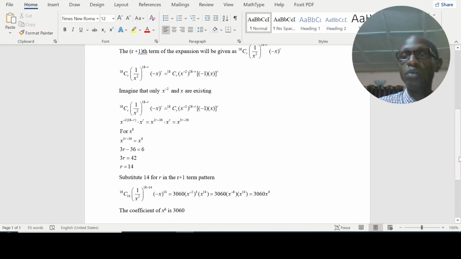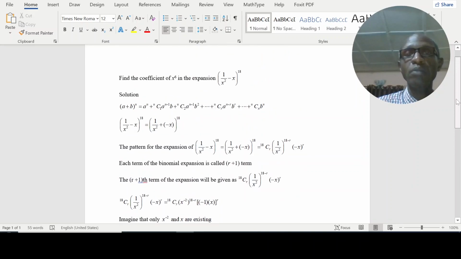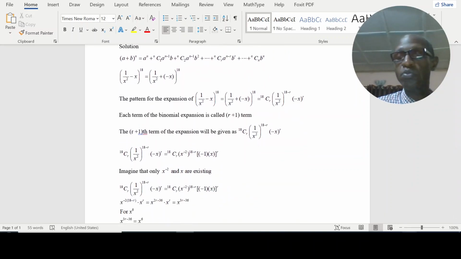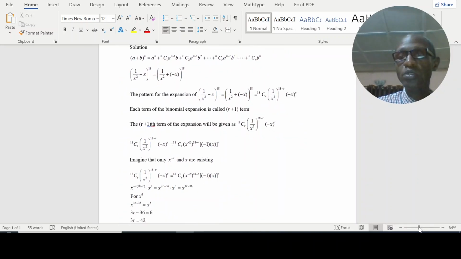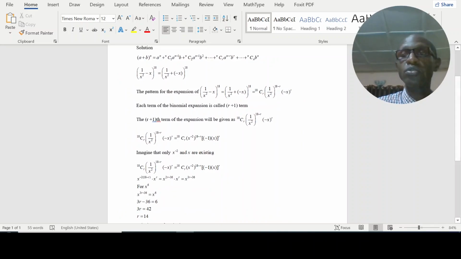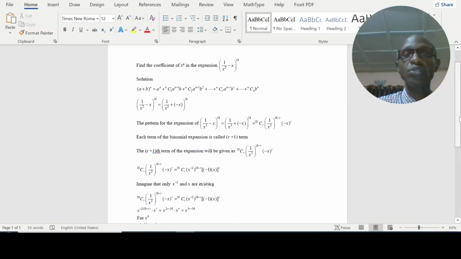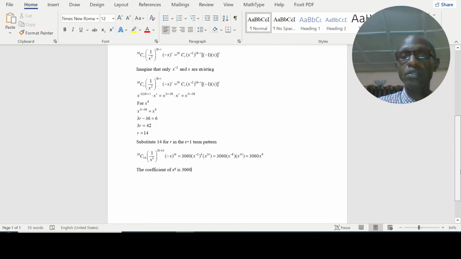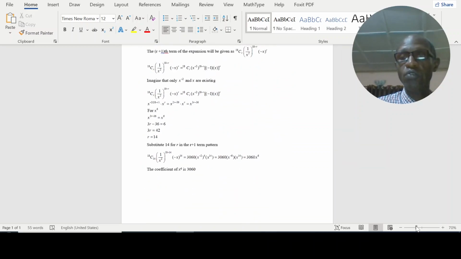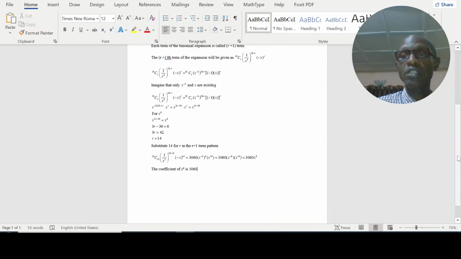So this is how to go about solving a problem like this when it comes to binomial expansion. So I'm going to show everything on one page. So we have this expansion, so you can go over it. Let's take this as part 1.